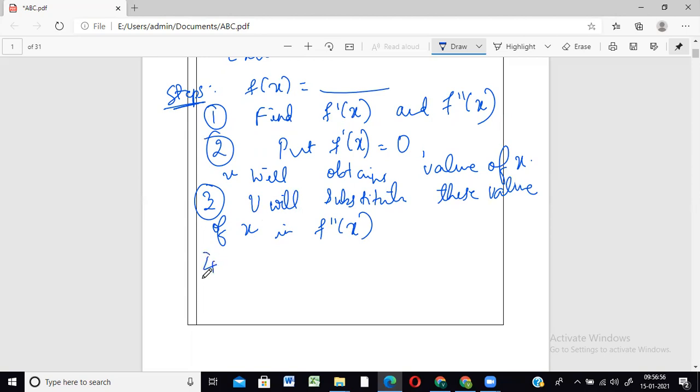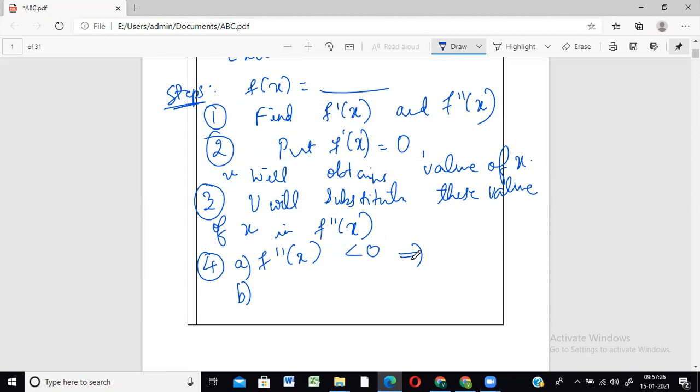Now, after this step is done, the fourth step is divided into two parts. The first three steps will be common to all questions. In the fourth step, you have to see which one applies. Suppose after substituting those values of x in f double dash x, it is less than 0.